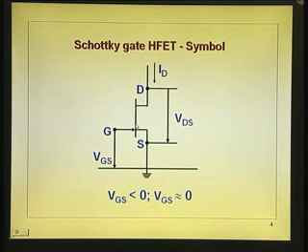Just to distinguish from the JFET and MESFET, this is the arrow. So, the arrow indicates that the channel is N type. Like a p-n junction, p type and n type, the arrow is from p to n. So, this arrow indicates it is an n channel HEMT.